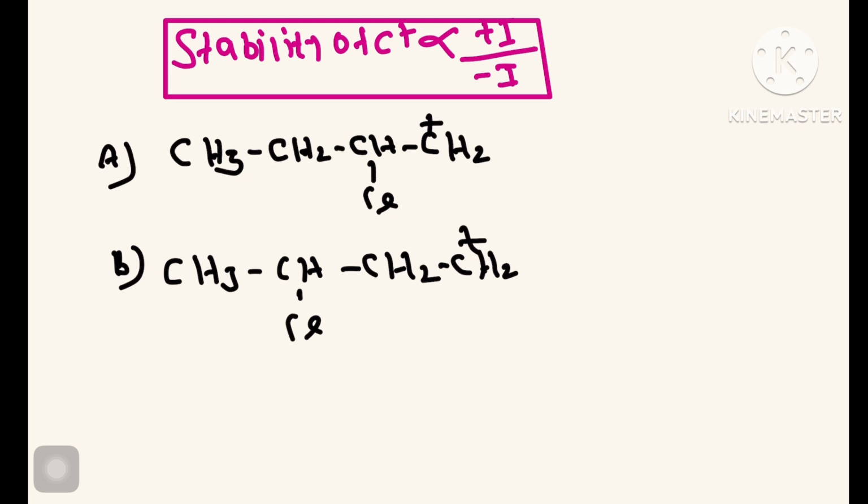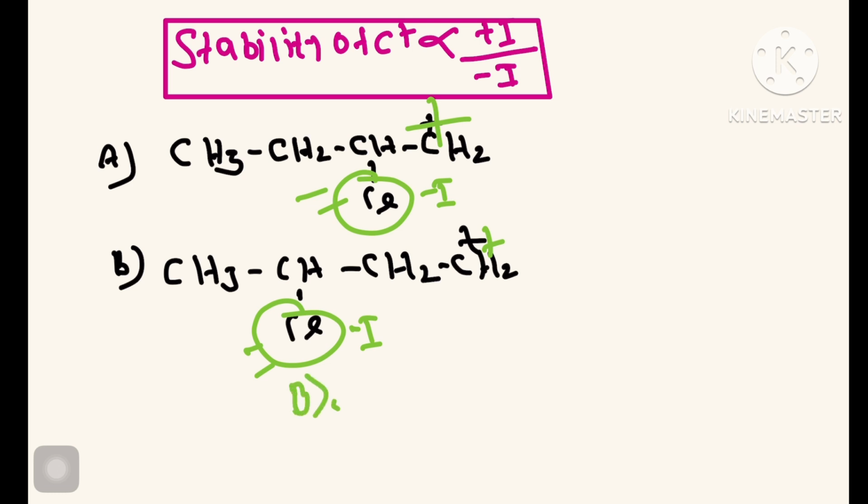So here you can see Cl minus I and also Cl minus I. So which can withdraw more electron? This one, because distance dependent, so nearby, so it can withdraw more electron. It can also withdraw electron but not like A. So which one is more stable? B is more stable.